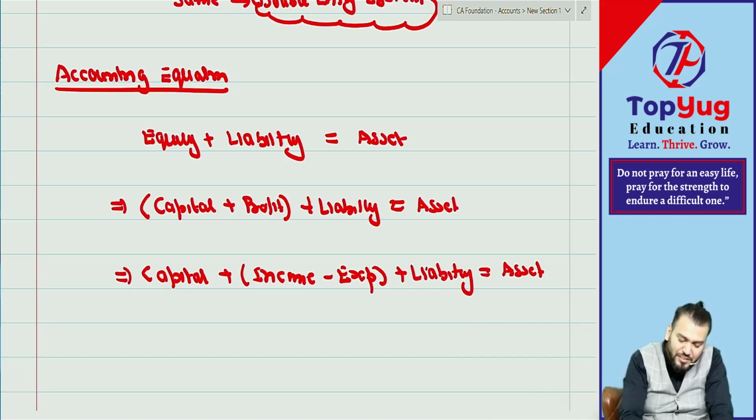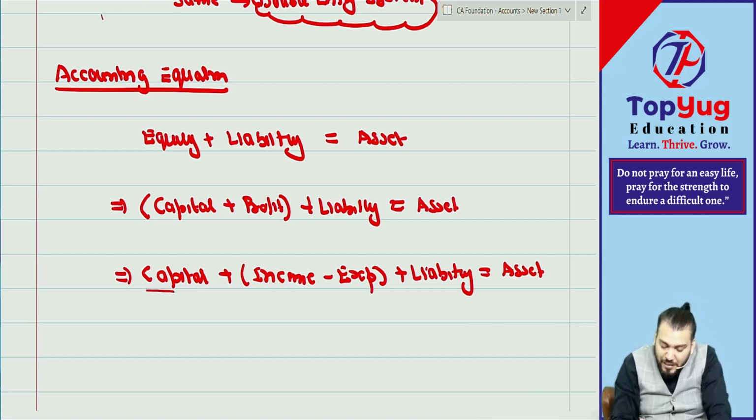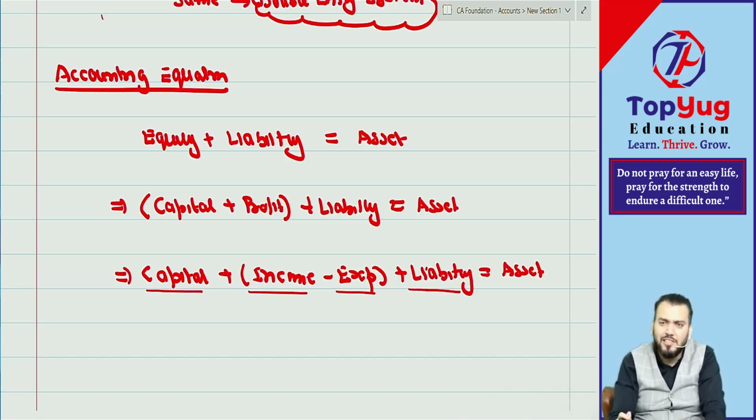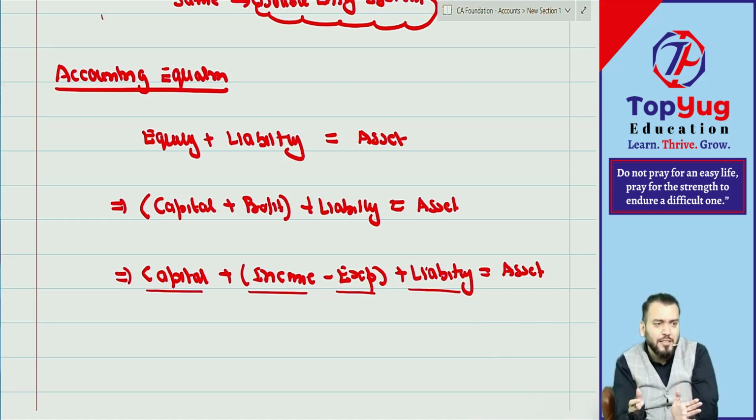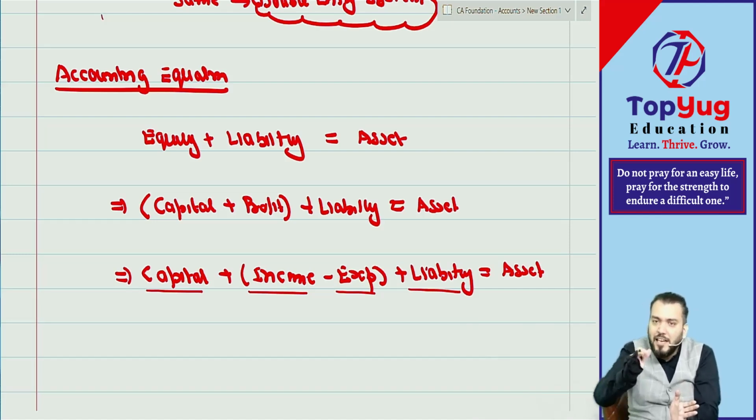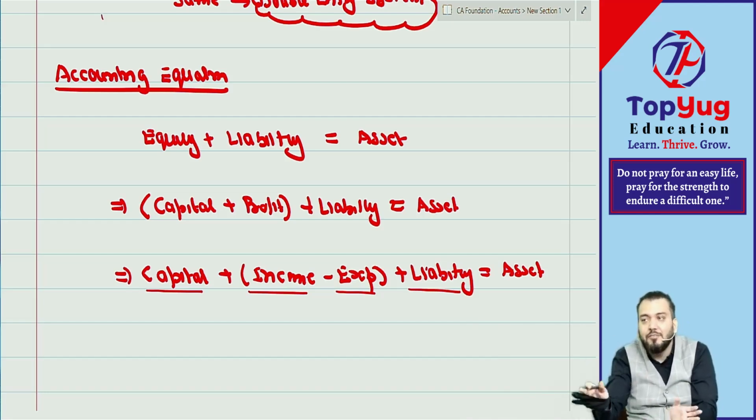Now, are we able to understand? You know mathematics a little, because now we are dealing with mathematics here. Equation means mathematics. So this capital is a plus item, this income is a plus item, this expense is a minus item, liability is a plus item. So let us keep plus plus together, and if I transfer minus from left hand side to right hand side, it will become what?